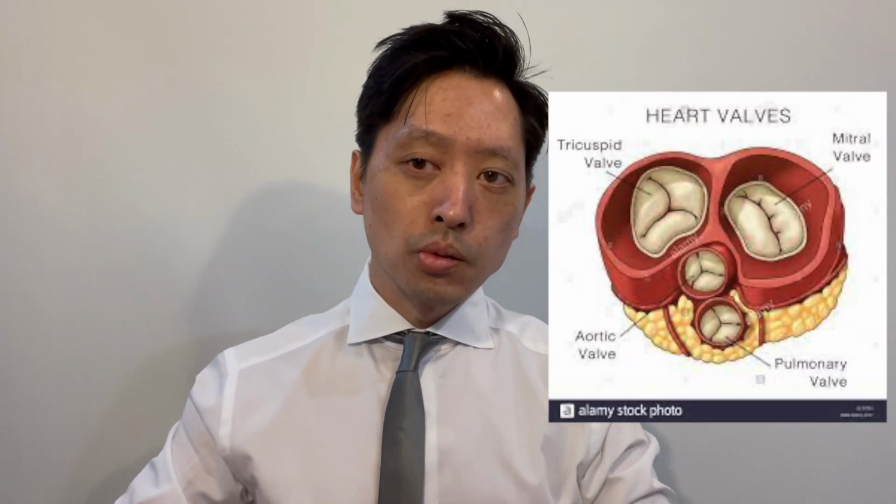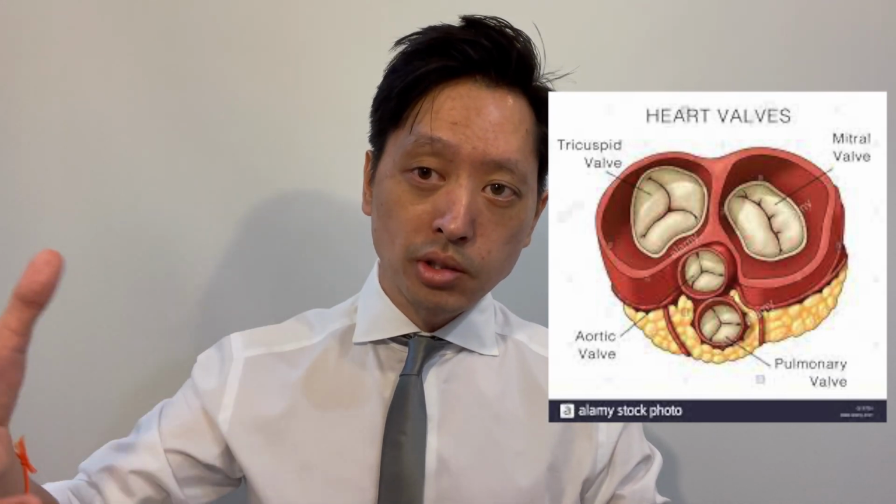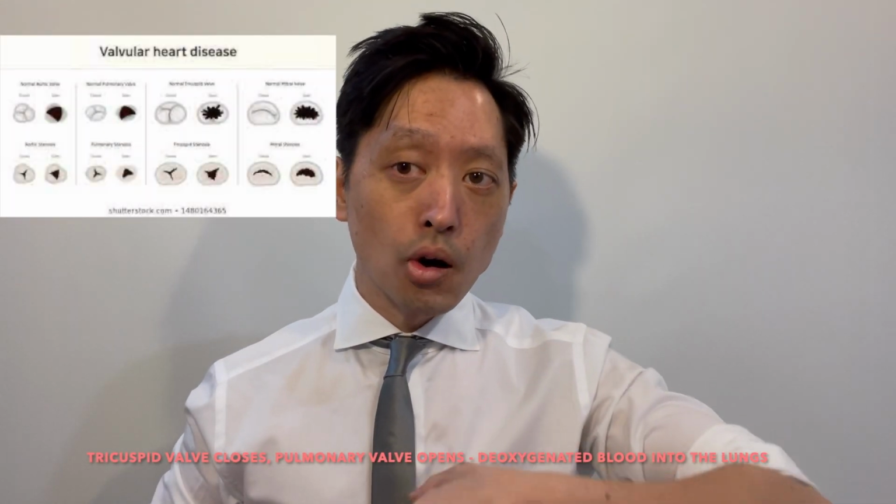So it's in your right ventricle now, right? There's no leakage into your lungs because your pulmonary valve is closed. So your deoxygenated blood goes from your right atrium to your right ventricle. Now your tricuspid valve will close. When your tricuspid valve closes, your pulmonary valve opens.